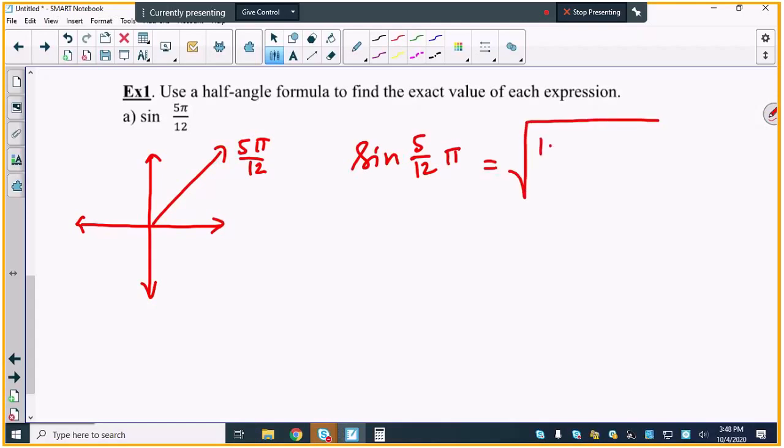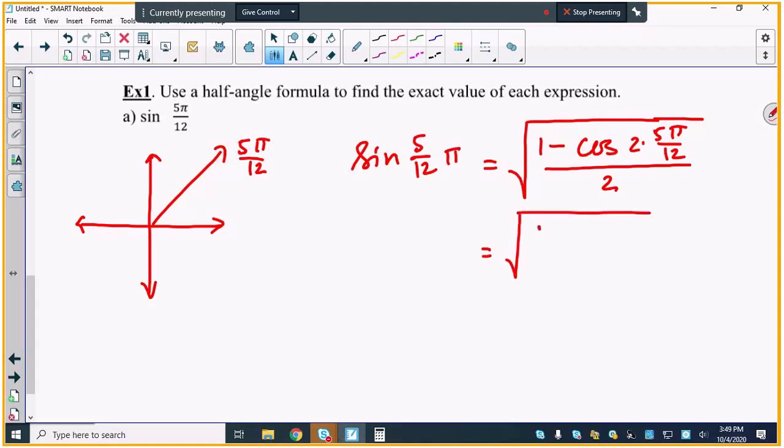And this is going to be 1 minus cosine alpha. Alpha is double of this. So I will say 2 times 5 pi over 12 over 2, which is square root of 1 minus cosine of 5 pi over 6 over 2. To know the value of 5 pi over 6, I have to draw it in the standard position.